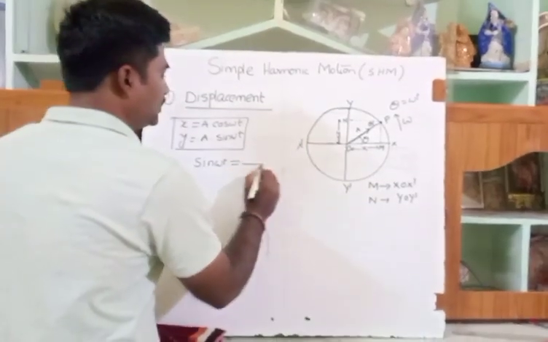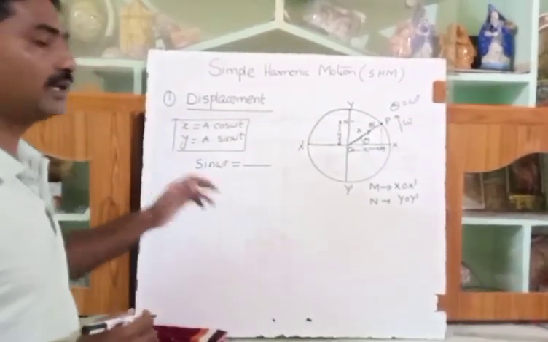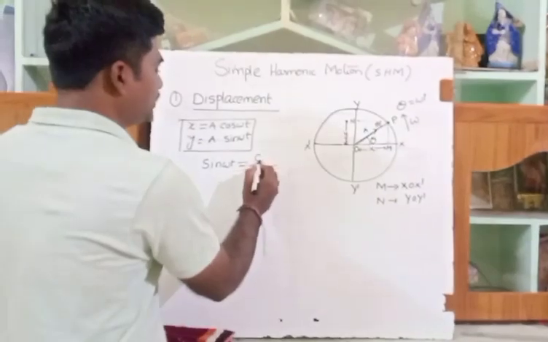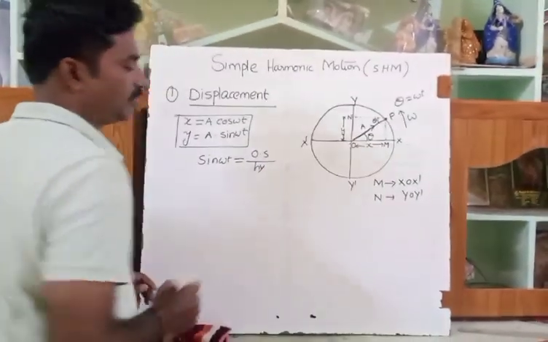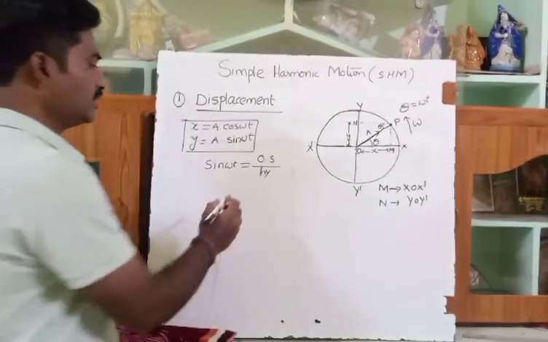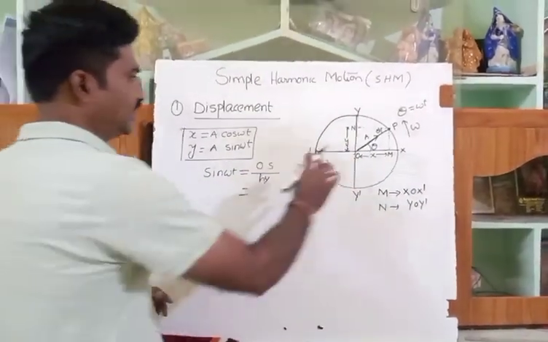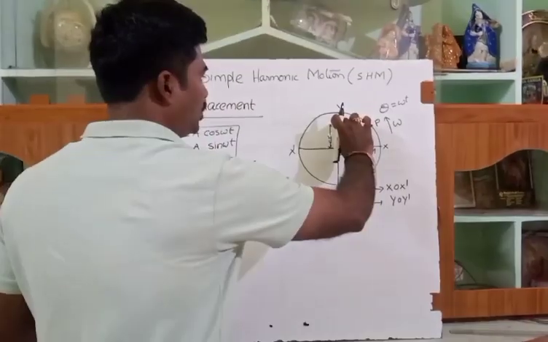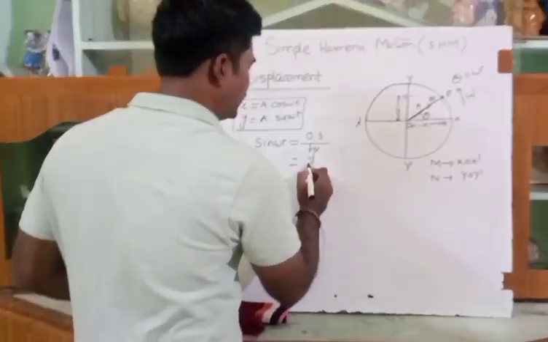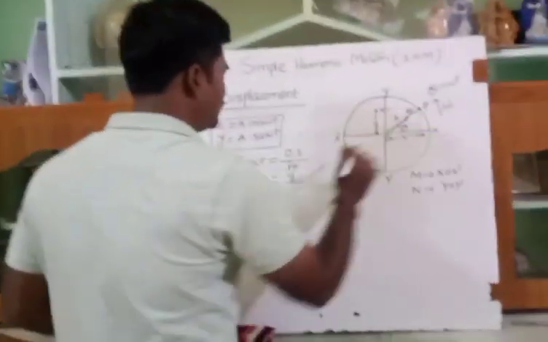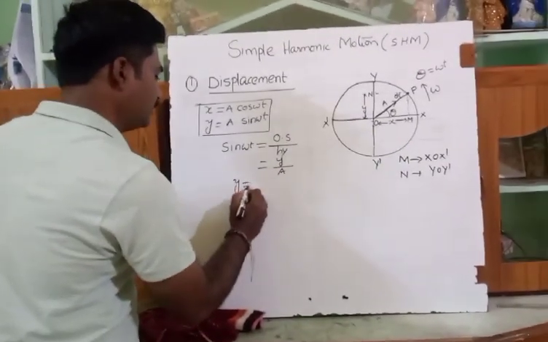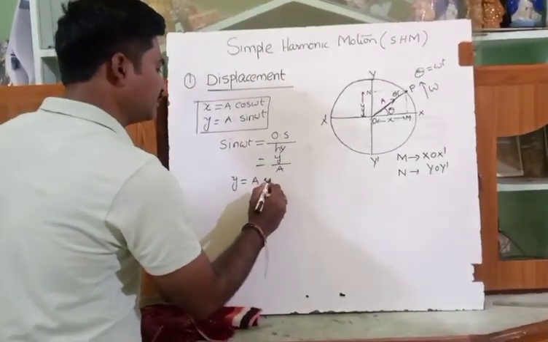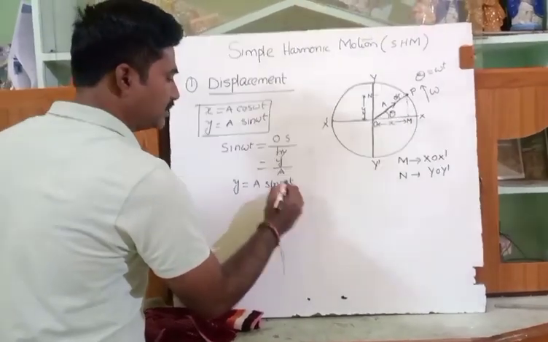We know the formula sin theta equals opposite side by hypotenuse. So what is the opposite side? See, this is the opposite side y and the hypotenuse is what? a. From this we get y equals a sin omega t.